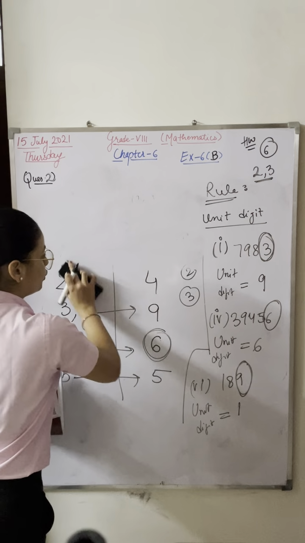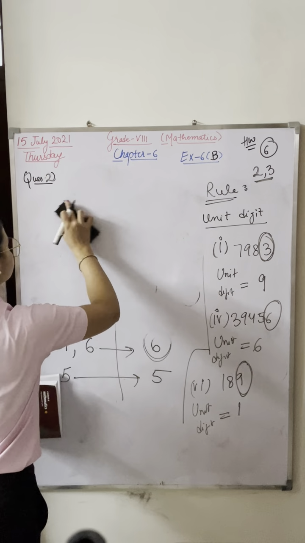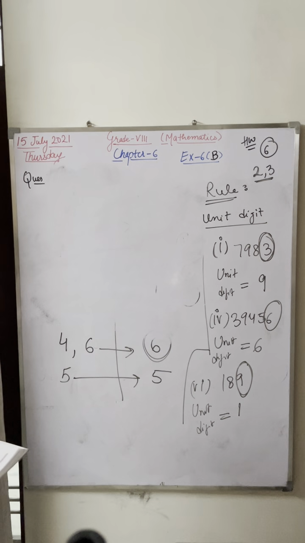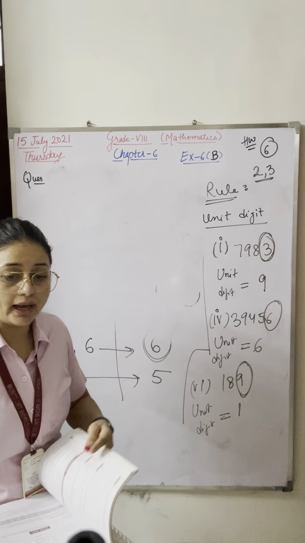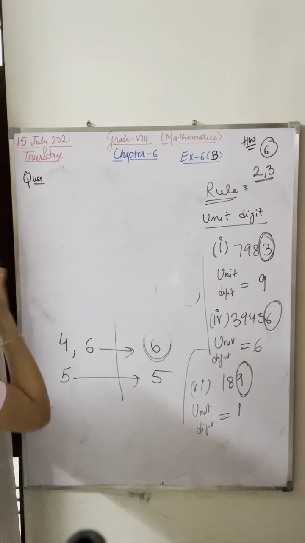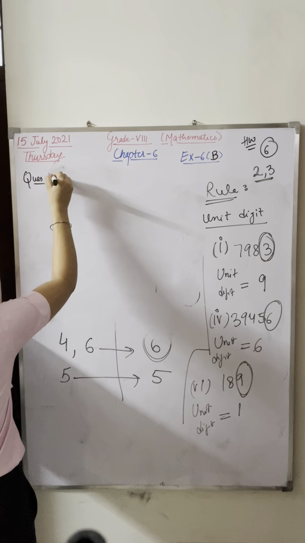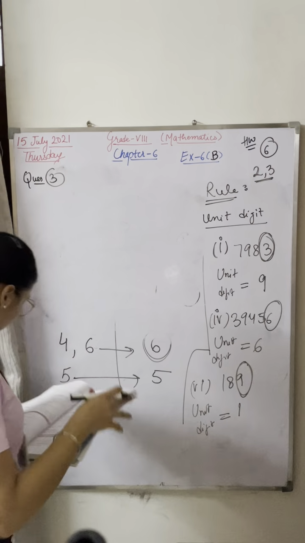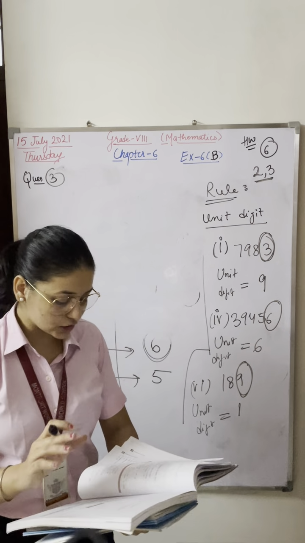The hint of question 3 is: you have to find out which of the following are squares of even numbers.